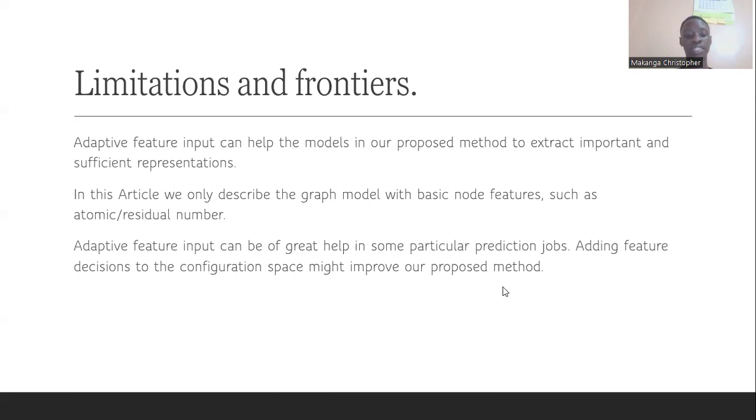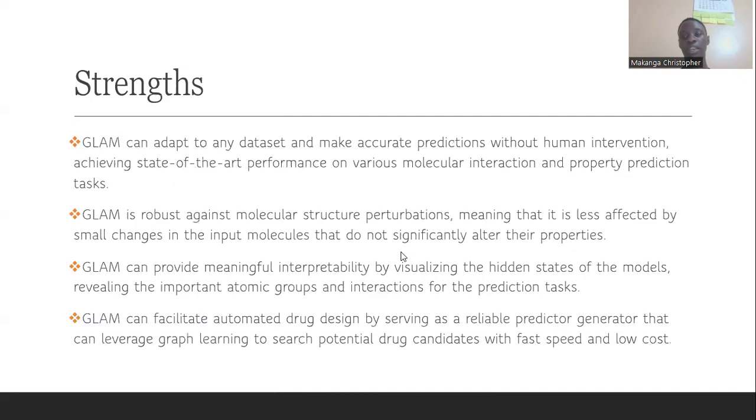Adapting feature decisions to the configuration space might improve the author's proposed method. As I've talked about, it adapts to different data sets, and adding more features to a data set may improve the configuration space, which in turn improves the GLAM method.